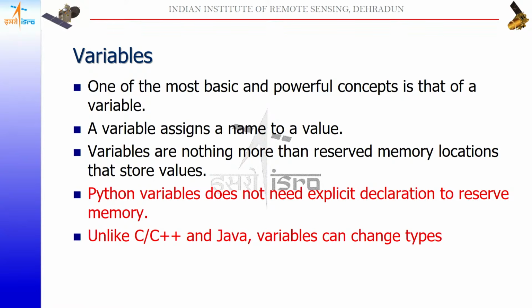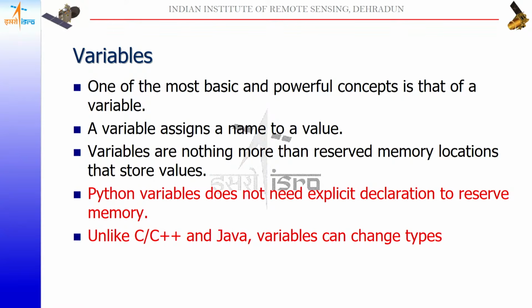Suppose I have stored the number of students, say 30. If I just tell you 30, without giving context you cannot make sense of the number 30, right? So if I give it a proper name, like number of students equal to 30, I am giving it a proper context or name. So a variable is a name given to a value so that with that name you can retrieve the value later in your program.